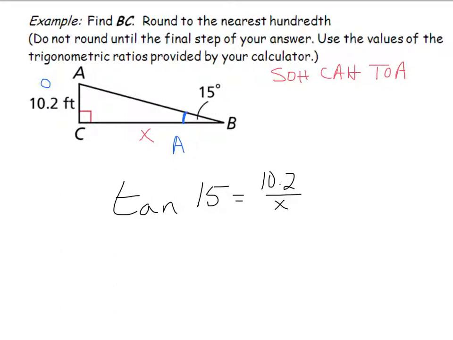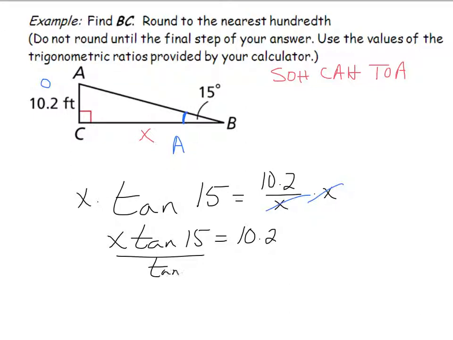All you have to do then is solve for x. Normally when I've got an x on the bottom, I will either put tan of 15 over 1 and cross multiply, or I like to just multiply both sides by x. When I multiply by x, I get x tan of 15 equals 10.2, because the x's cancel. Then I divide both sides by tan of 15.